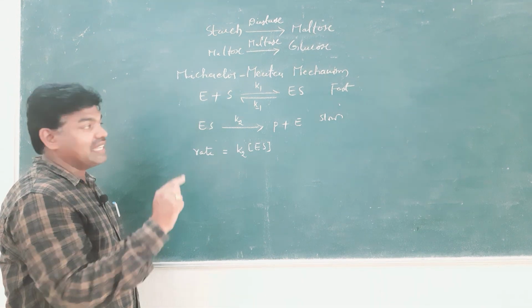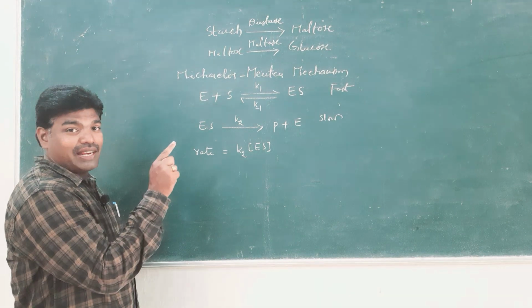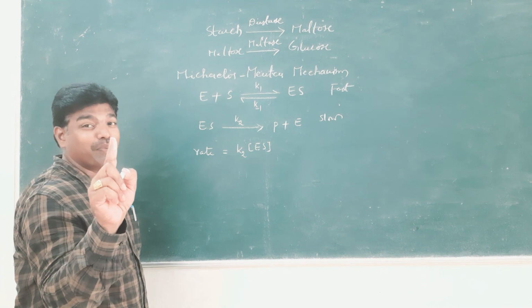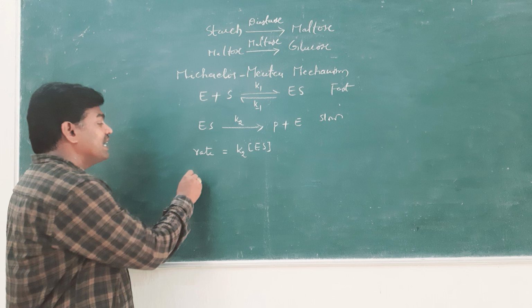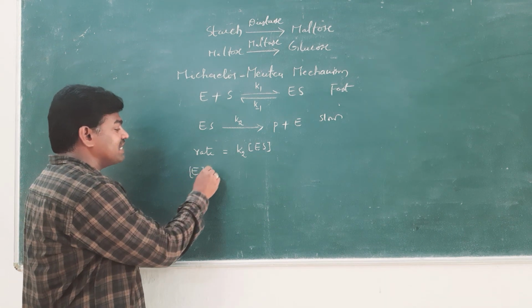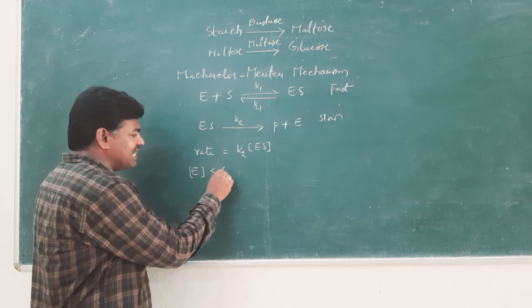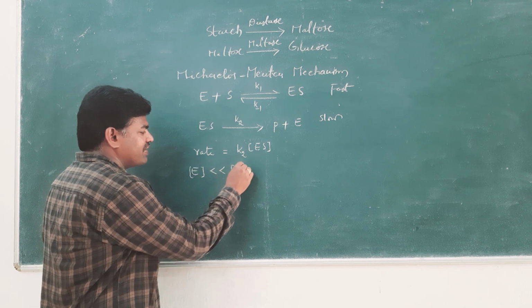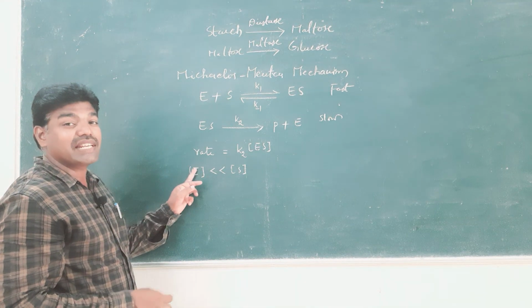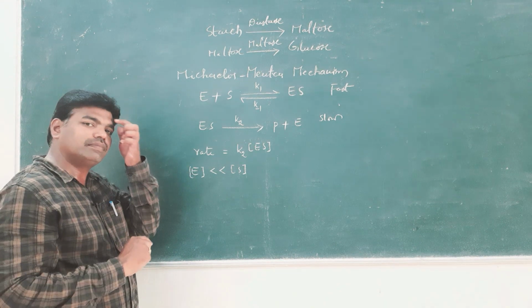According to the previous statement, enzyme catalytic reactions need very small quantities of enzymes for the progress of reaction. That means the concentration of enzyme is very much less than the concentration of substrate. When compared to substrate, enzyme concentration is very low.